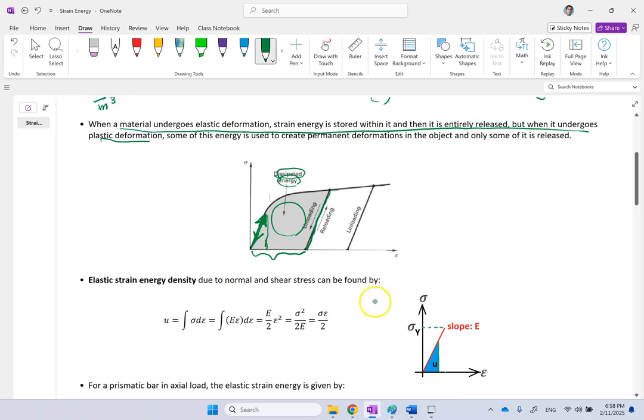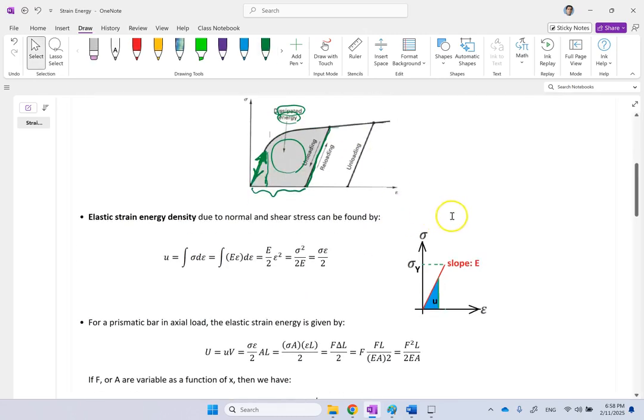Now, if we only look at the elastic region, and linear as well, then calculating the area under the curve is very easy, because it is a triangle. If I have sigma and epsilon at any point, and I go up to that level and go back, or just keep it at that level, clearly the area under the curve is width times height divided by 2.